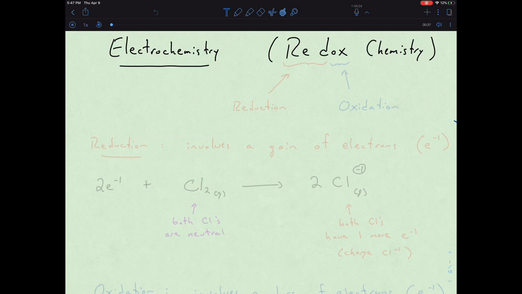So when we look at this idea of redox, there's two portions you could imagine to the expression. One is the first bit, the red, and then there's the ox.